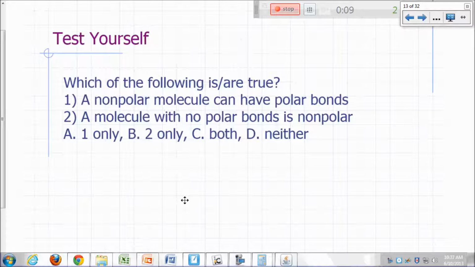But if it has more than one polar bond, those polar bonds must not cancel each other out, right? Because of the symmetry of the molecule. So how would you evaluate these questions as far as being true or false? Is only one true, only two true, are they both true, or is neither one true?